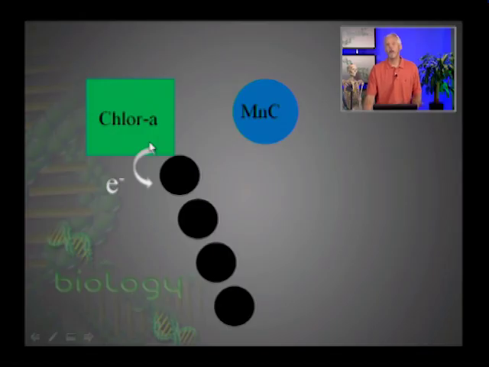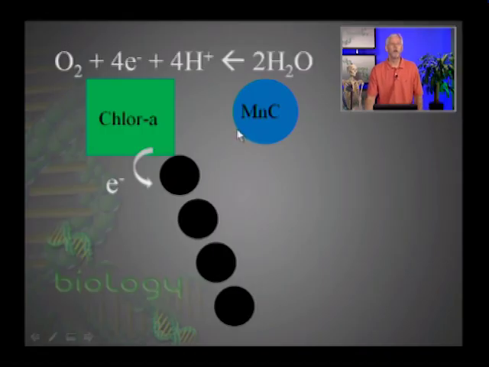Now, what's important is that that electron immediately needs to be replaced, and that's the role of this manganese center protein. The manganese center protein basically takes water molecules, strips hydrogens and electrons from one another, releasing oxygen gas. But the key here is the electrons that are made available.